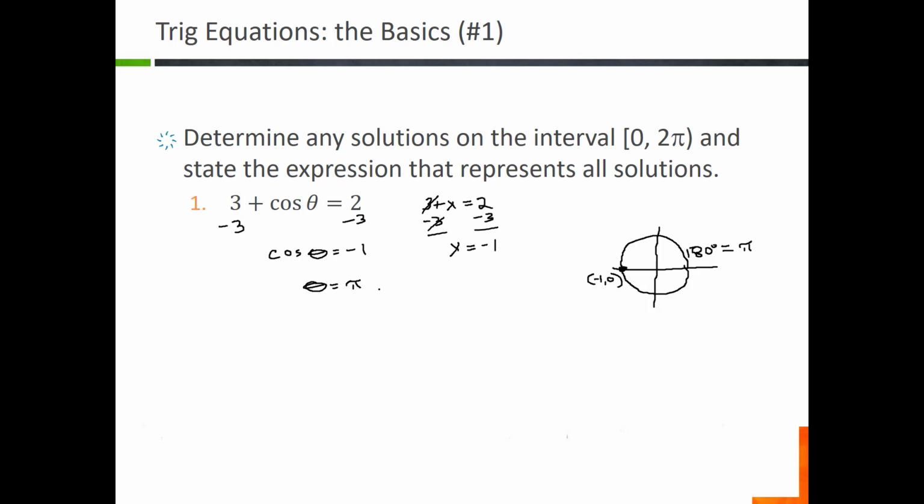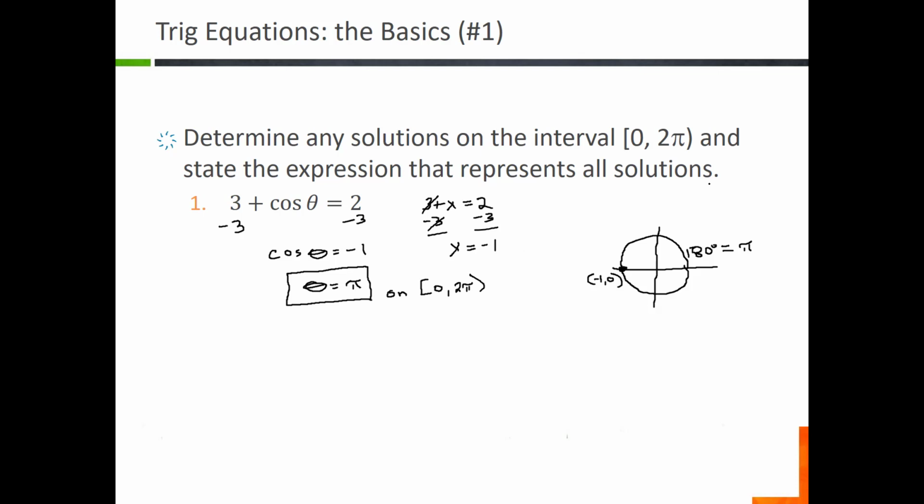That's the only number between 0 and 2 pi that will make cosine equal to -1. So theta is equal to pi. This is the answer that we have on the interval from 0 to 2 pi.